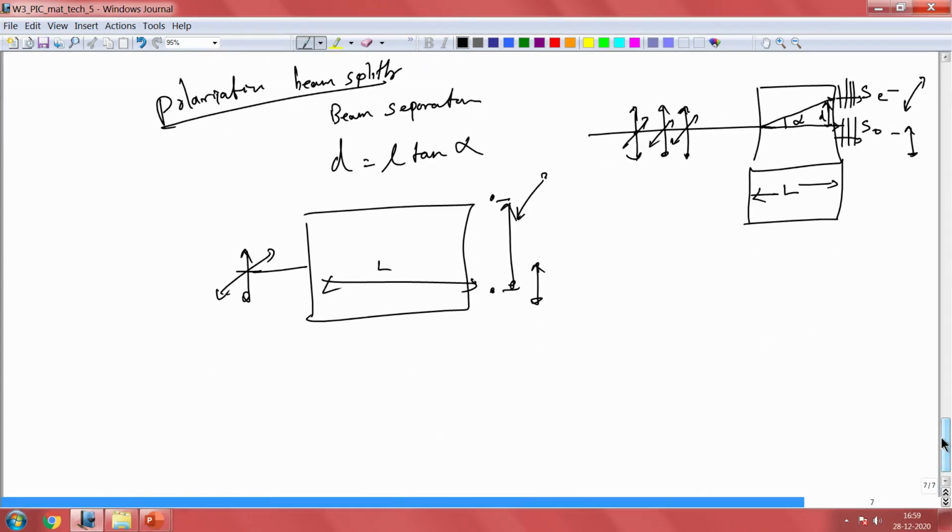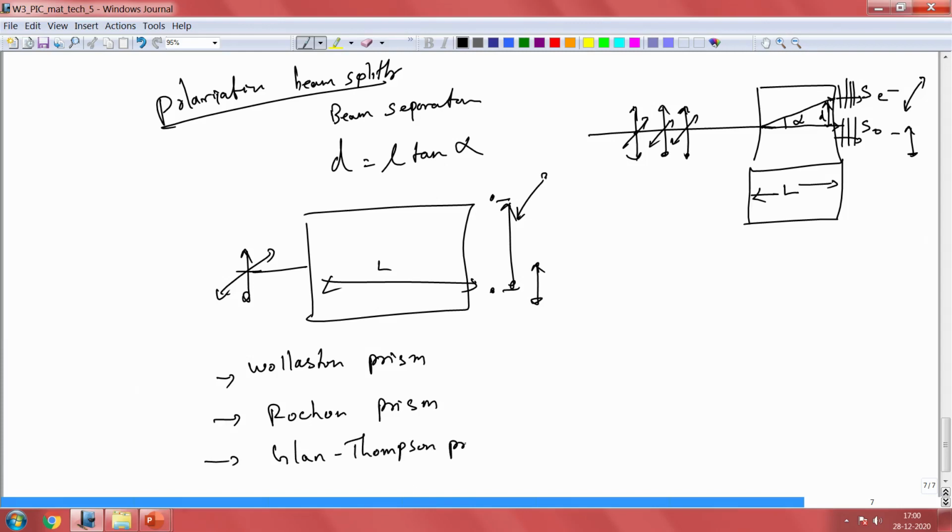There are a few specific crystals and geometries one can use based on the material. You must have read about the Wollaston prism, the Rochon prism, and the more famous Glan-Thompson prism.